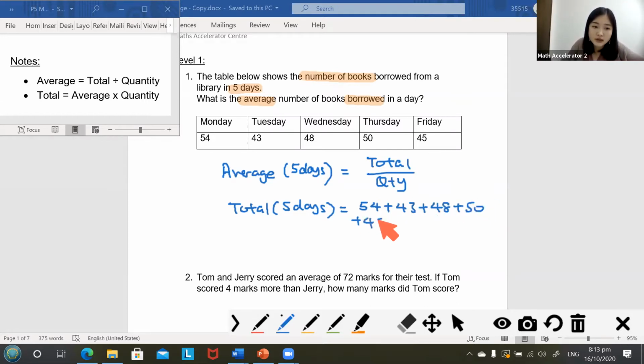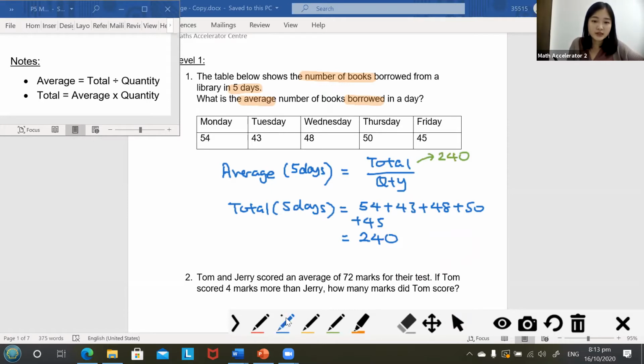Anyone added it already? 240. Yes, you can use a calculator. So we have the total here. How about the quantity?